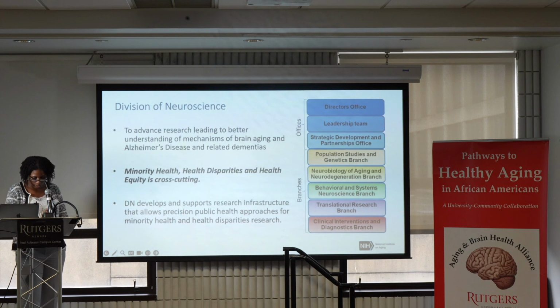Yep, I did. So our mission in the Division of Neuroscience is to really advance research leading to better understanding of mechanisms of brain aging and aging-related dementias. We support the research at the population level through support of longitudinal cohorts and other population-based studies, looking at things related to discovery, translational, clinical interventions, and diagnostic research.